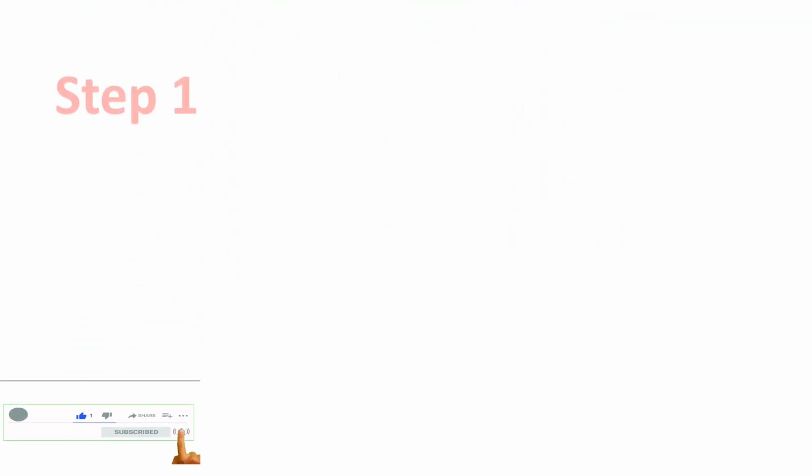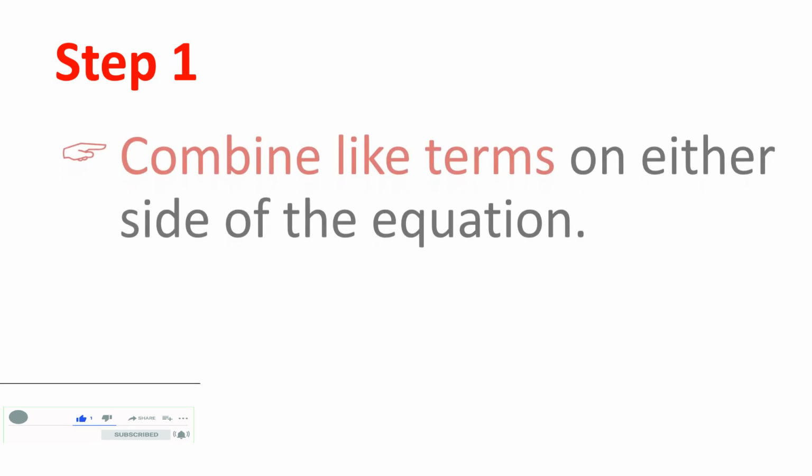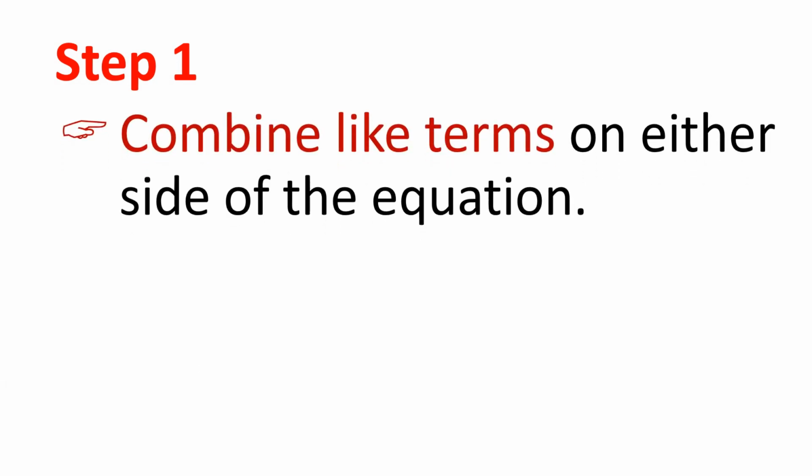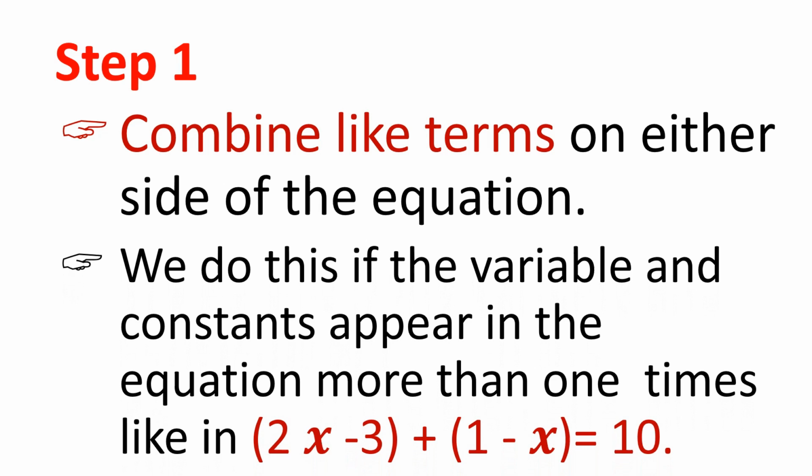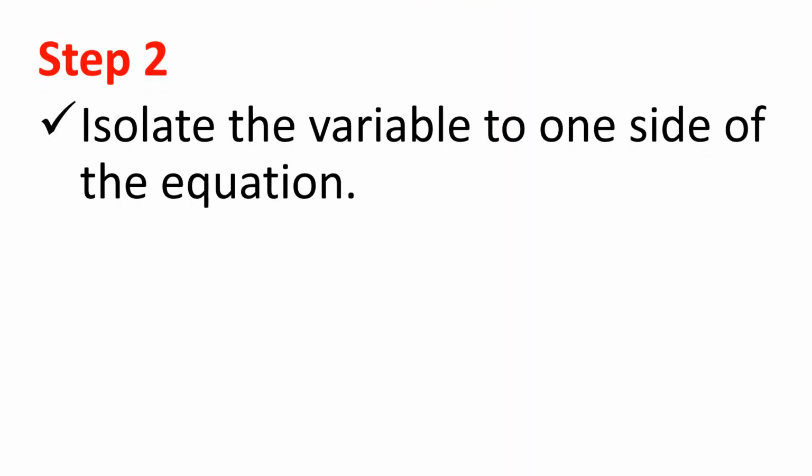Step 1. Combine like terms on either side of the equation. We do this if the variable and constants appear in the equation more than one time, like in 2x minus 3, plus 1 minus x, equals 10. Step 2. Isolate the variable to one side of the equation.